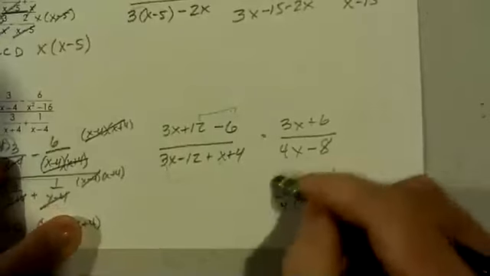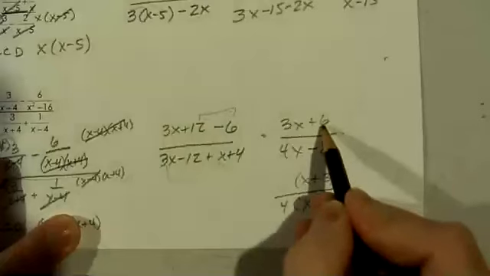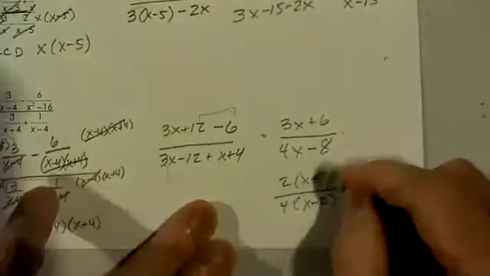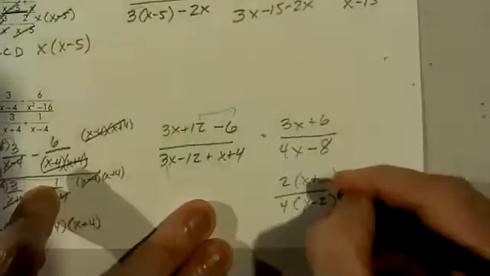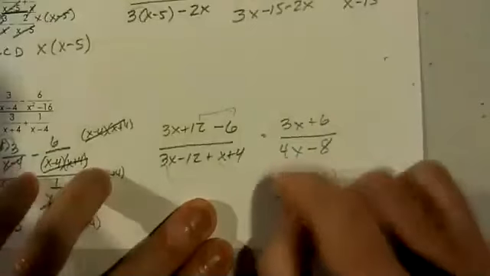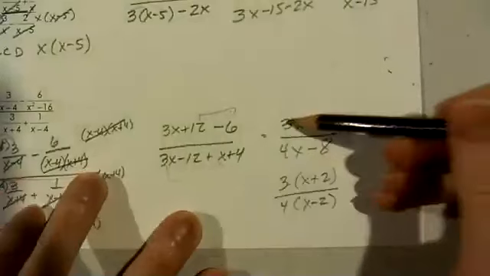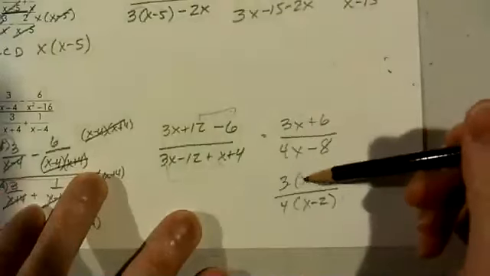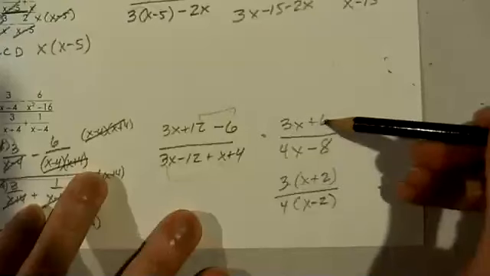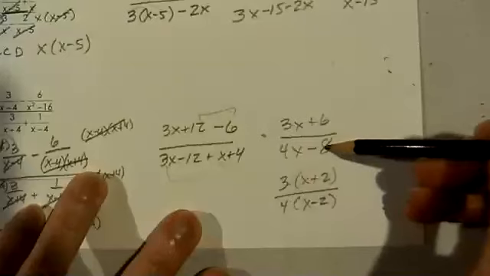We'd have a 3, because 3 goes into 3. 3 goes into 6 twice. Sorry, I wrote that wrong. I've got to be able to distribute that back in to match what I have up top, and distribute this back in so I can match what I have on bottom.